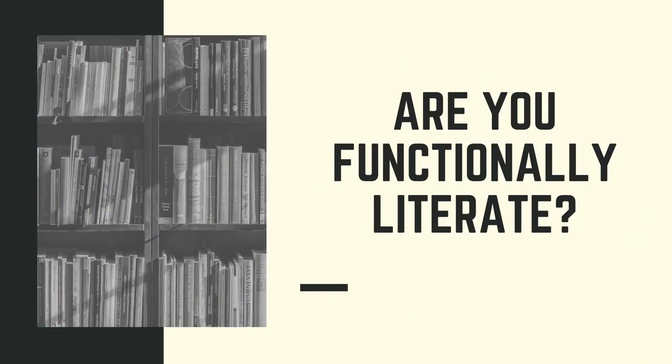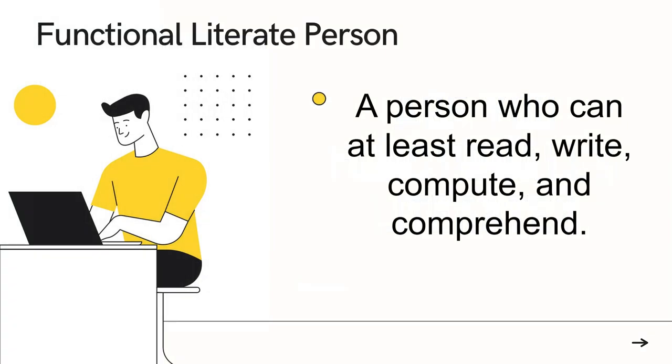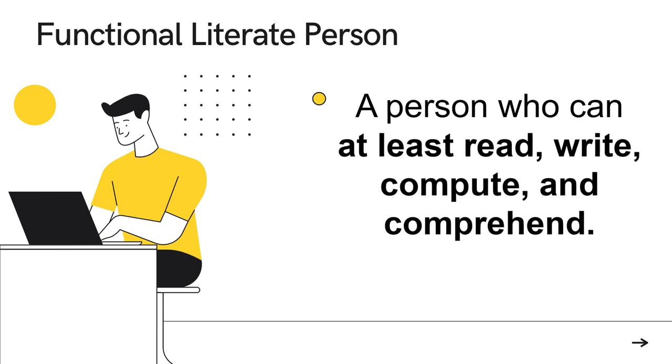Moreover, if you know more about statistics, calculus, and physics, then no doubt 100% you are really a functional literate individual. But the question is, are you functionally literate? So again, you can only consider yourself as a functional literate if and only if you can at least read, write, compute, and comprehend. Okay, so I hope that's clear.